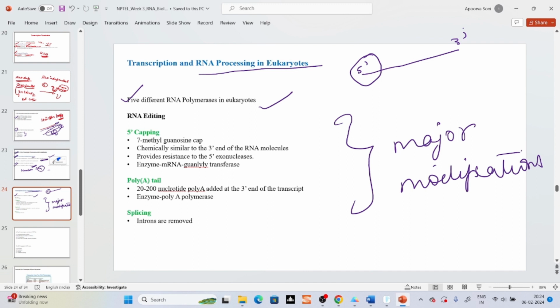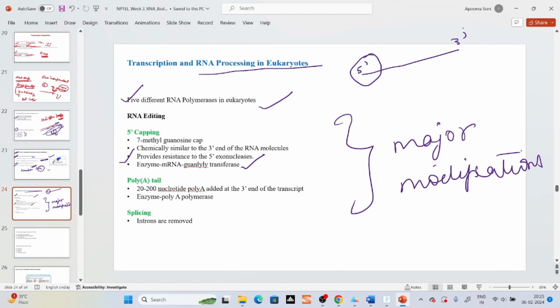It provides resistance to the 5 prime exonucleases. So this 7-methyl guanosine bound to the 5 prime region protects the mRNA, making it resistant to 5 prime exonuclease, and it is added with the help of the mRNA guanylyl transferase enzyme.